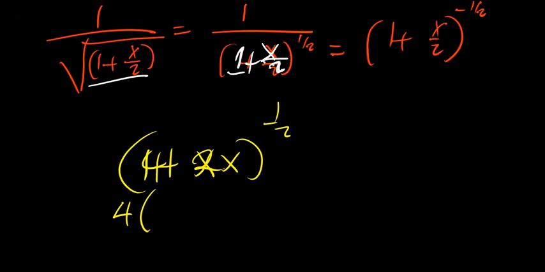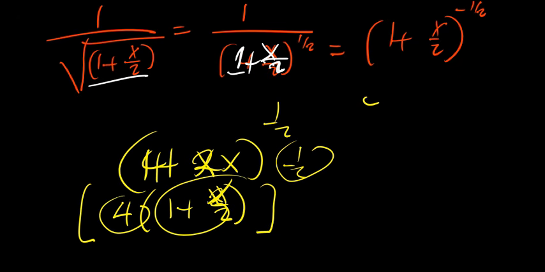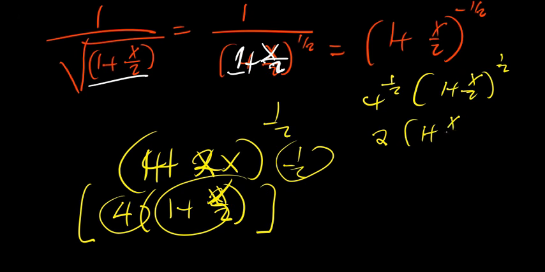We will remain with 1 plus 2x divided by 4, it becomes x over 2, then everything raised to the power half. So now this half symbolizes this part and also 4. So that's why we said 4 to the power half, then 1 plus x over 2 raised to the power half. Any number to the power half is the same as the square root, so that becomes 2. The square root of 4 is 2. So now we are expanding this. It's fine.